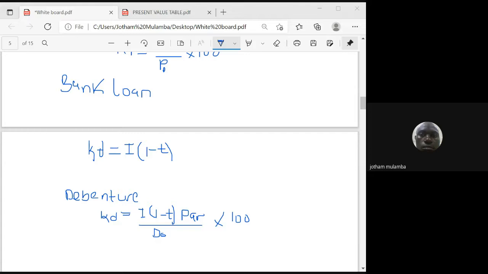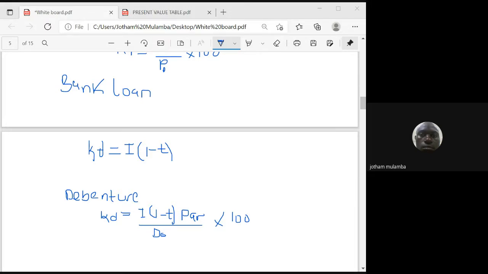I is the interest rate on debenture. 1 is a constant. T is the tax rate.